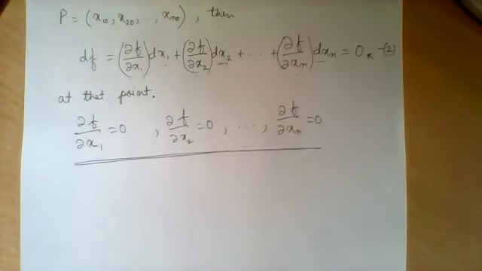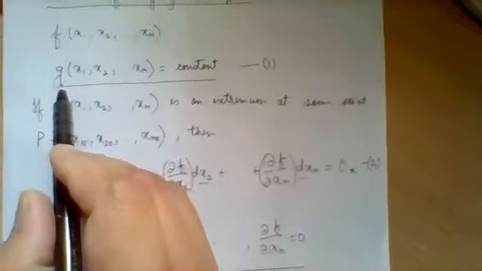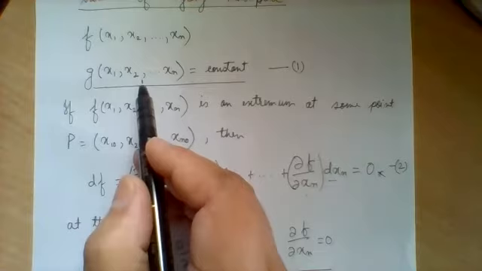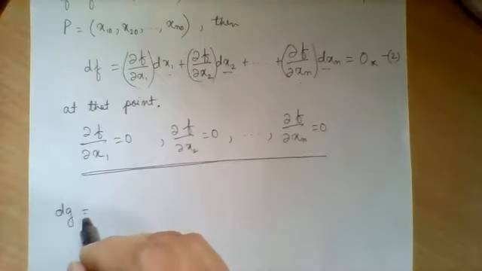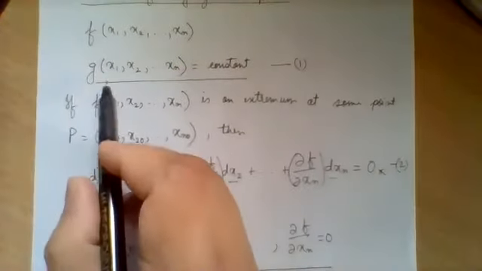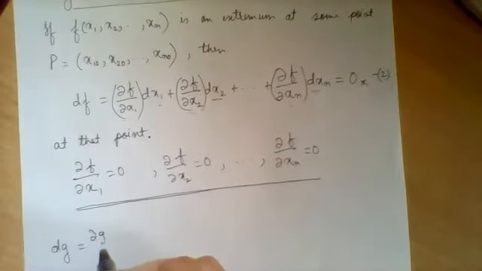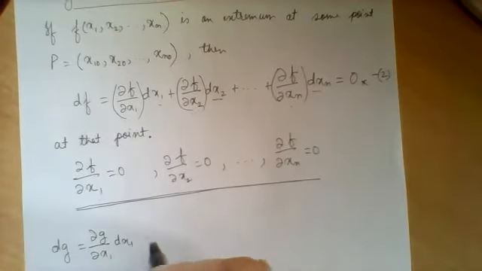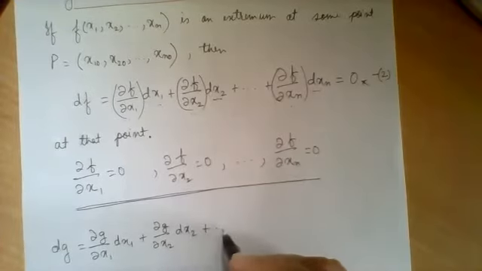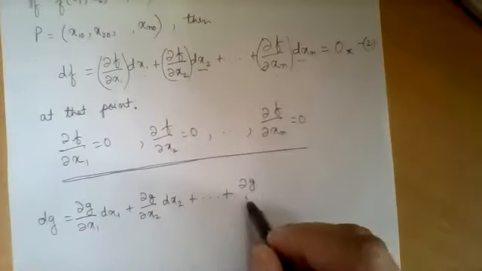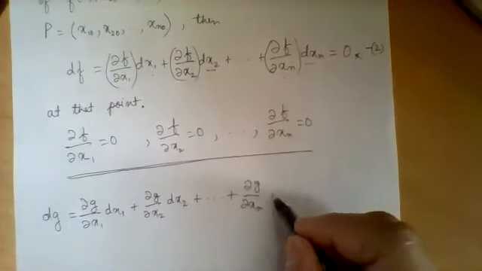We use the method of Lagrange multiplier. What should we do? First, let us take the total differential of g. g depends on x from x1 to xn, so dg will be del g by del x1 dx1 plus del g by del x2 dx2 and so on till del g by del xn dxn.